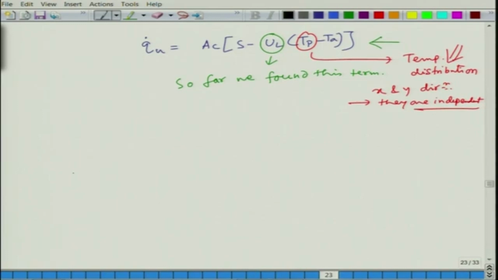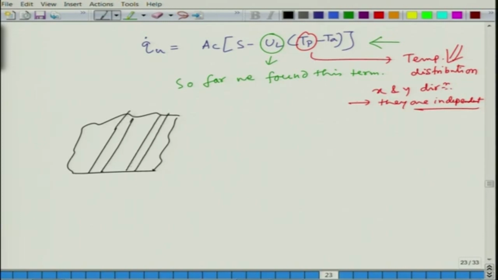So, a quick recap. We have shown you this particular figure earlier, that the tubes are like this. Of course, tubes are much thinner than I wrote here. Okay. So, this is the direction of fluid flow. We have assumed our coordinate system like this, x and y.